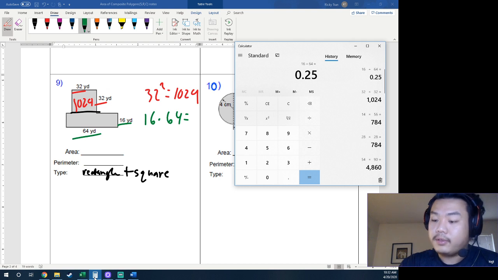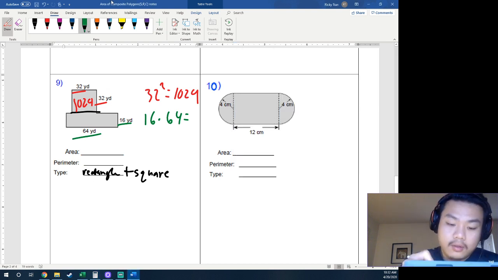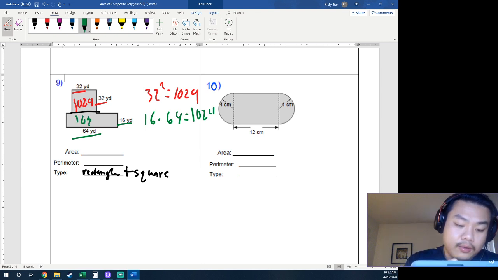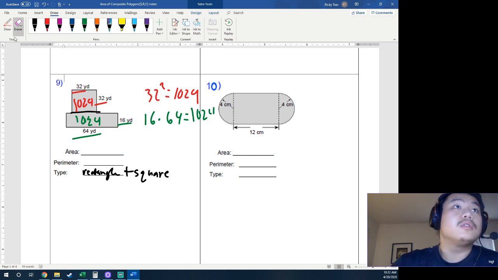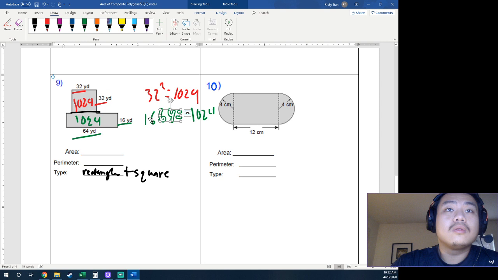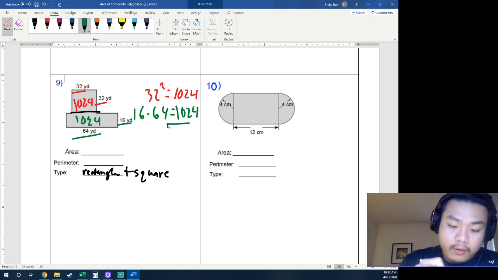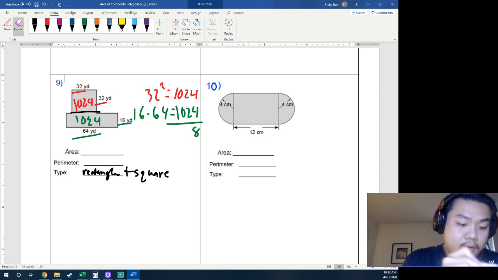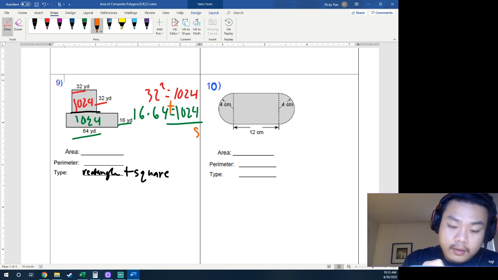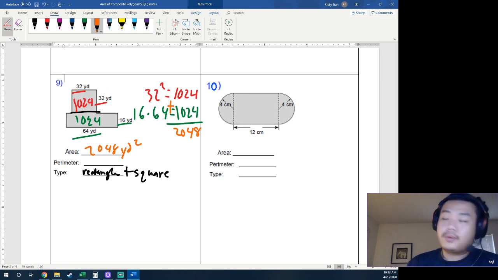Yep, I knew it. 1024, another 1024, and then you add them. Add these together, 2048 yards squared.